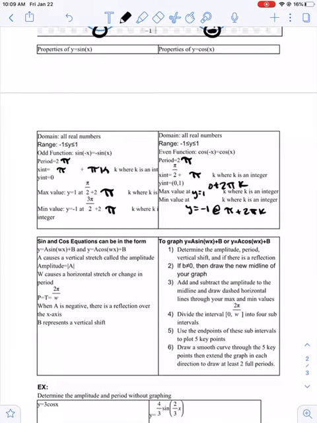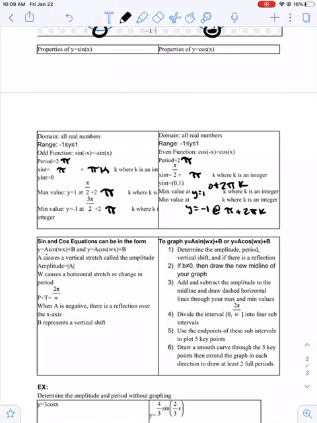Okay, so now let's look at if we have transformations. How do we graph these graphs? So here's just what each part of the equations mean. The A value is your amplitude, and this just tells you how tall or short this is going to be. And you find it by doing the absolute value of the A value.